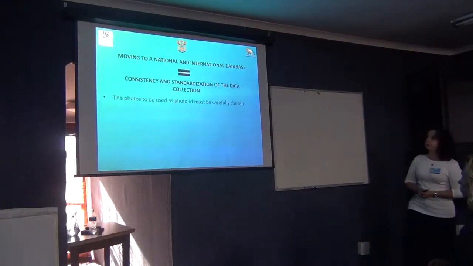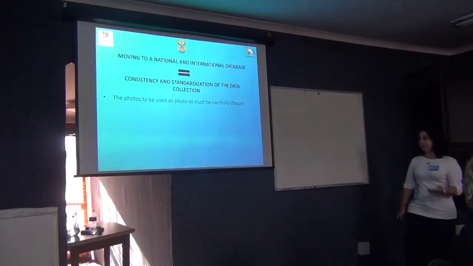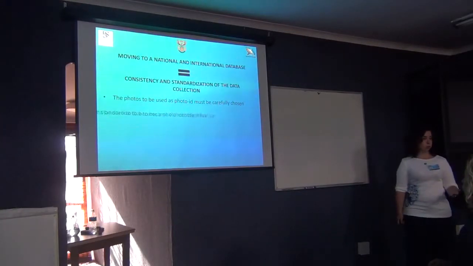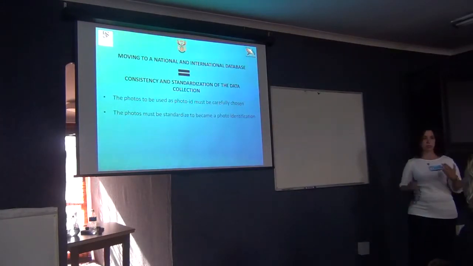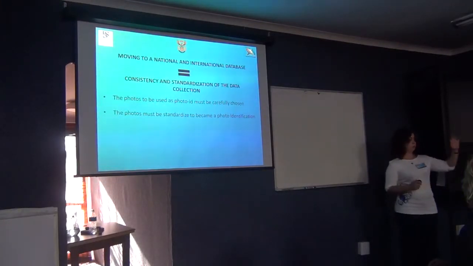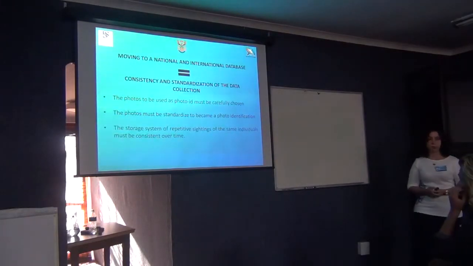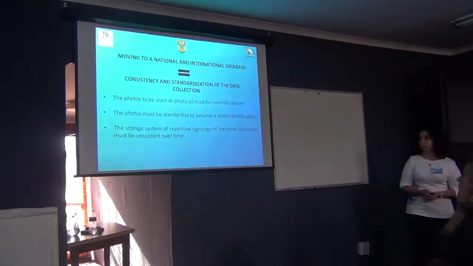For example, with photo ID, to identify each individual by the dorsal fin, we need to choose carefully what is a photo ID and what is just a shark photo. To become a photo identification, we can't have a photo that is this big with a big background and a photo that is that big and is nice and tightly cropped. So we should all come together to the same standardization method.